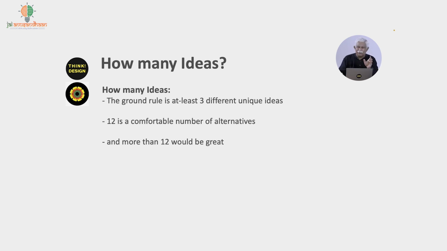Okay, so that's again what we call the minimum. If you want to be a designer, a dozen is a comfortable number of alternatives, and if you can do more than a dozen, that would be great. Okay, so think of the ideas. The more ideas that you have, the more choices that you have to make selections, okay, and create alternatives.